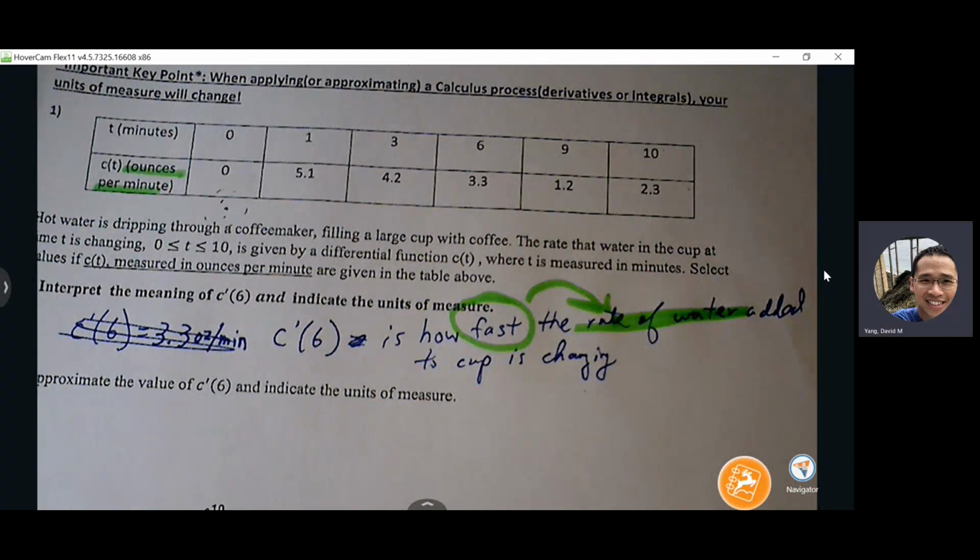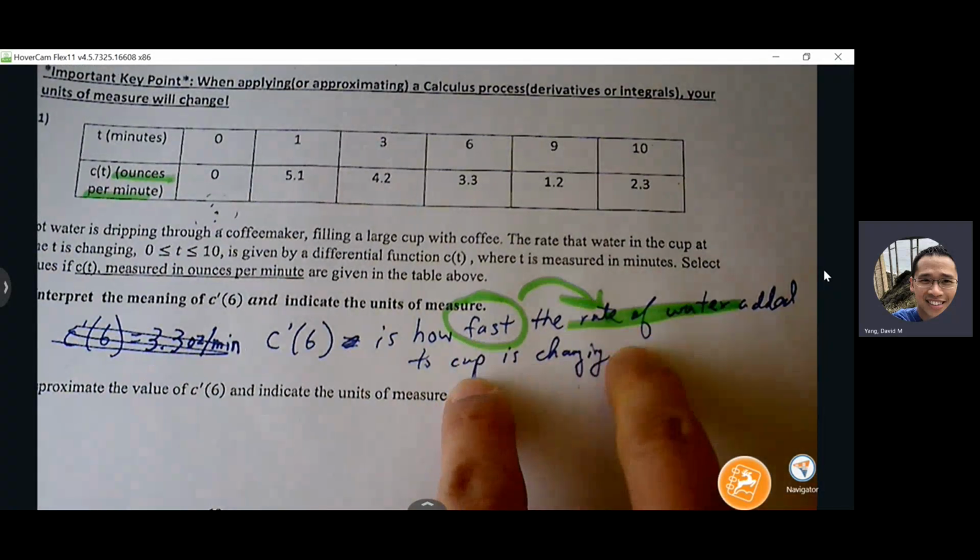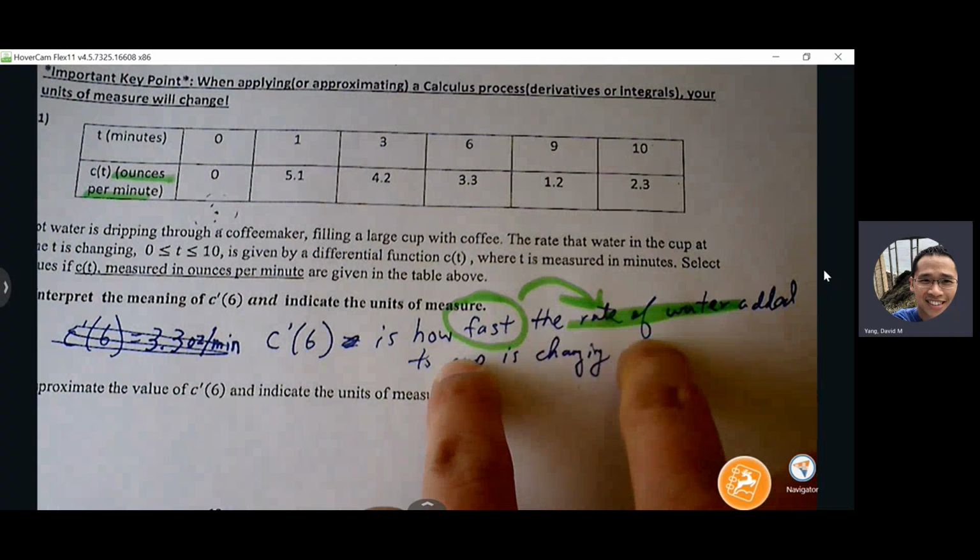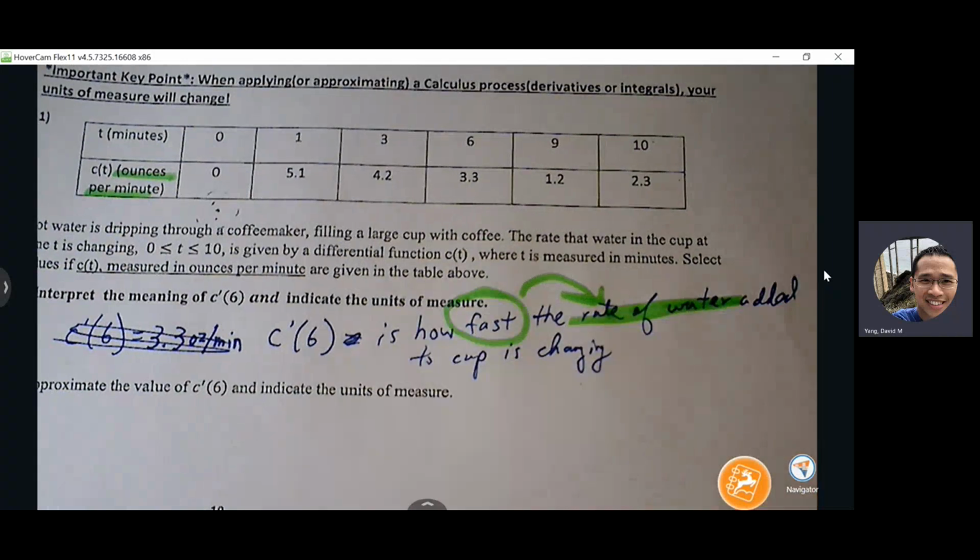Does that make sense? A lot of students, when they know there's a second derivative going on, want to say velocity or acceleration. But we don't want to use those words unless it's a particle motion problem. So you want to say the rate is changing, or how fast the rate is changing, to indicate a rate of a rate. Okay?